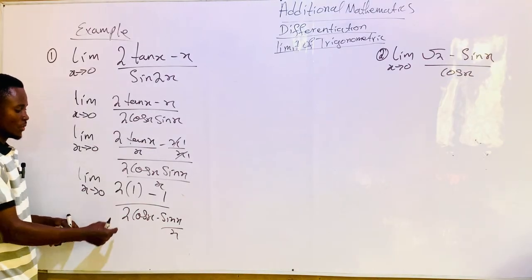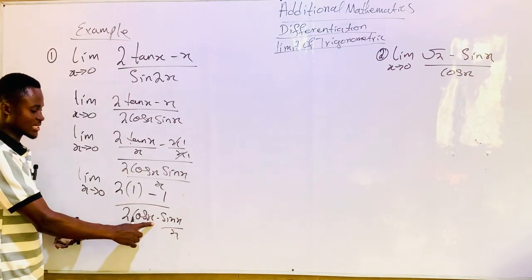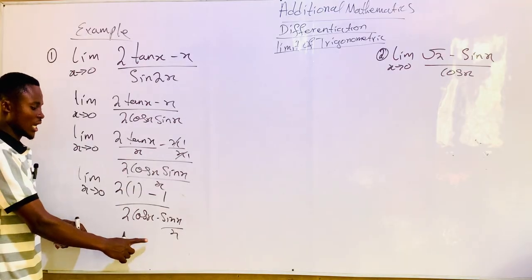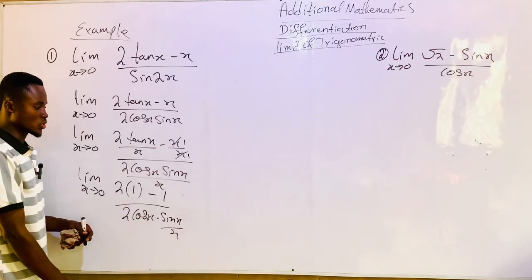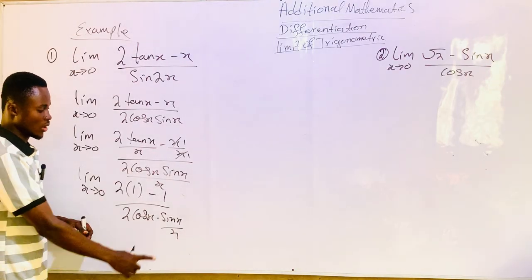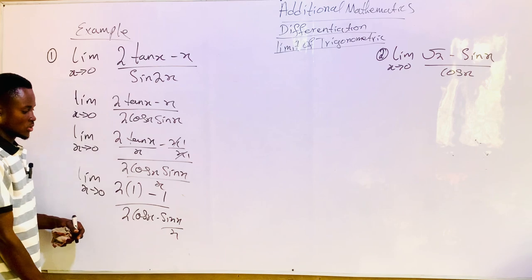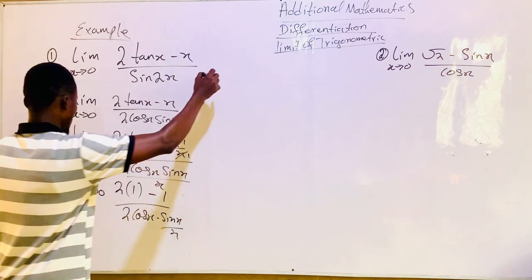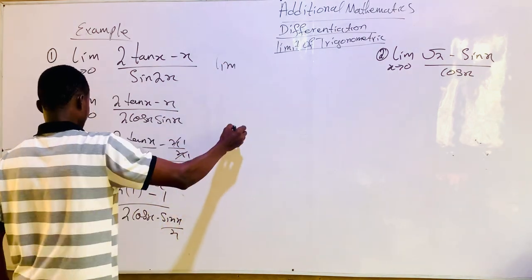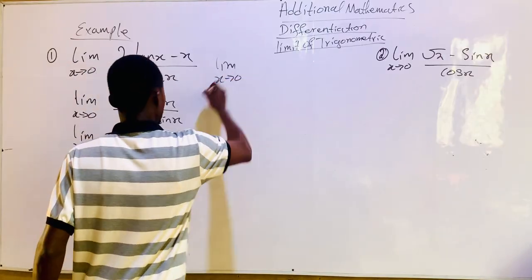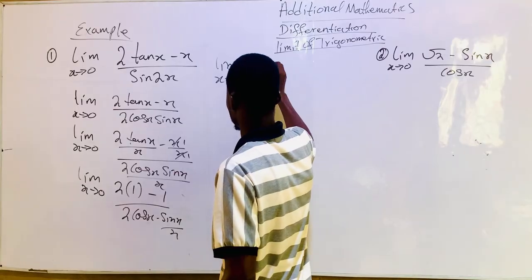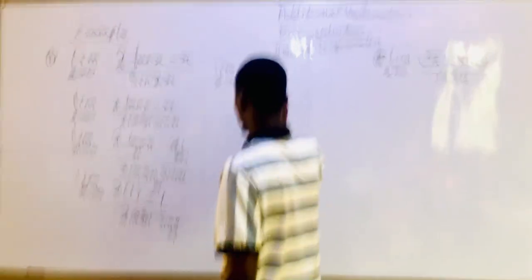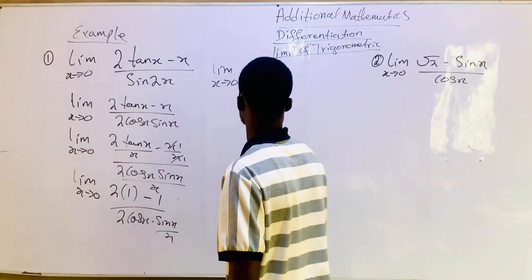Now, when we pick the limit of cos x, it gives us 1, and the limit of sine x all over x will also give us 1. So we are heading towards the limit as x approaches 0, which will be 2 times 1, giving us 2, minus 1, all over 2 multiplied by 1 dot 1.